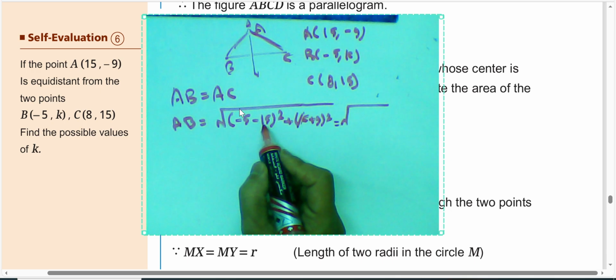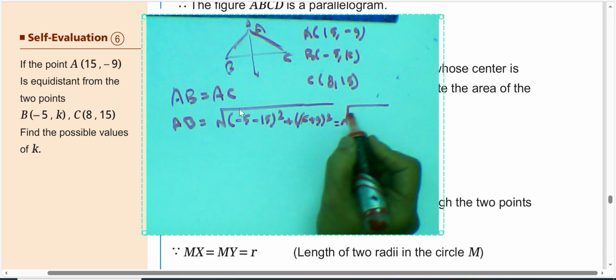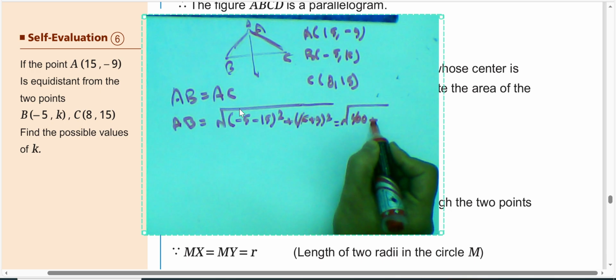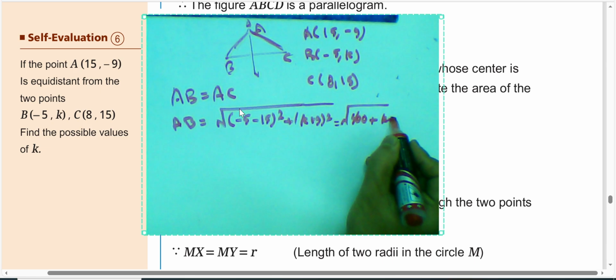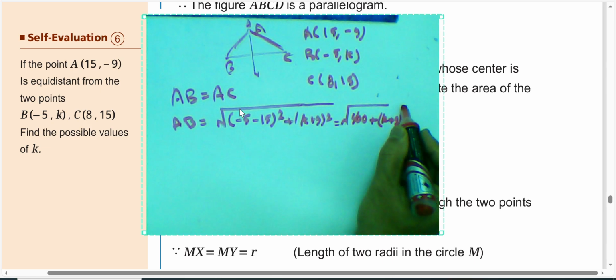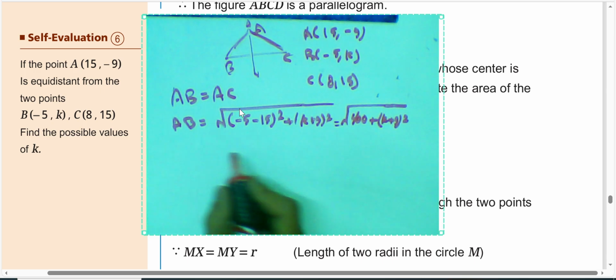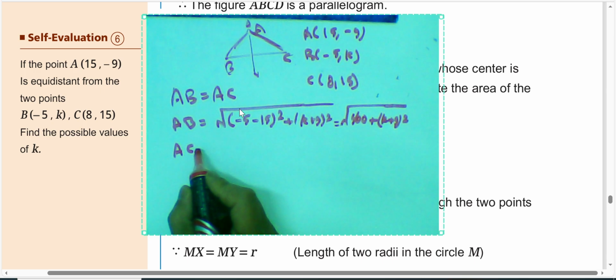Square root of negative 5 minus 15, negative 20, power 2, it will be 400, plus k plus 9 all power 2. And what about AC?